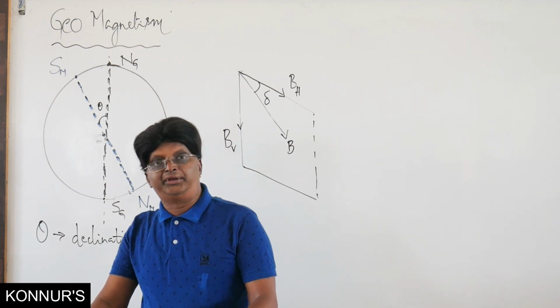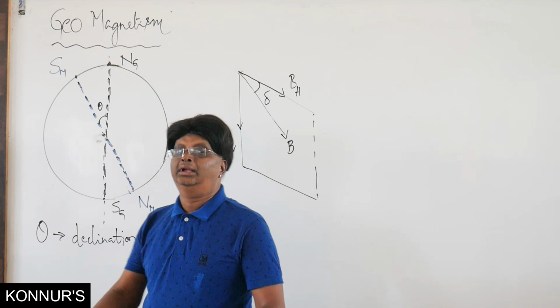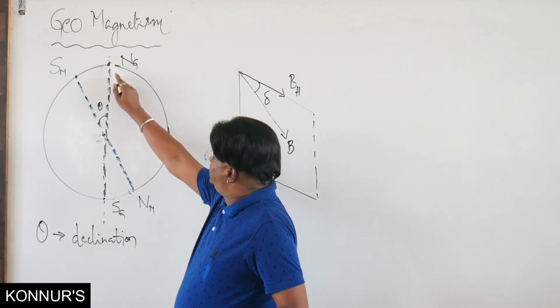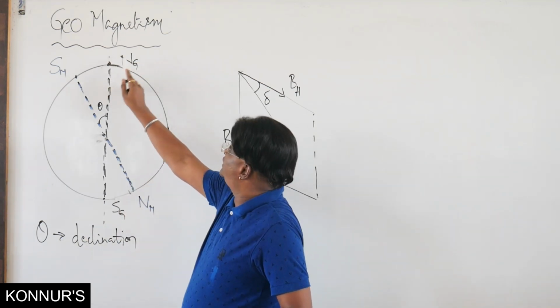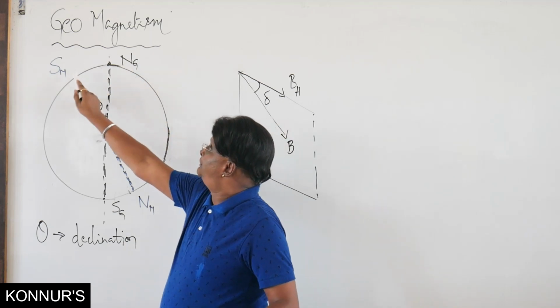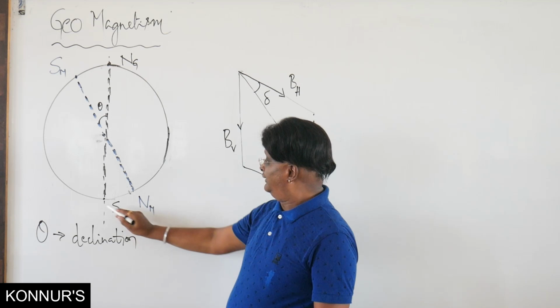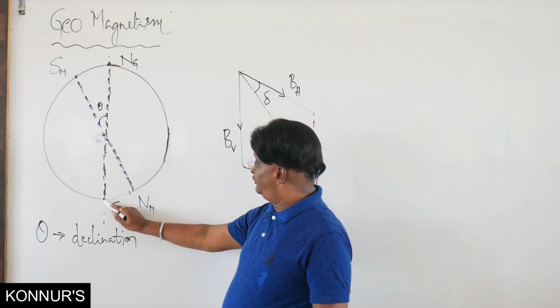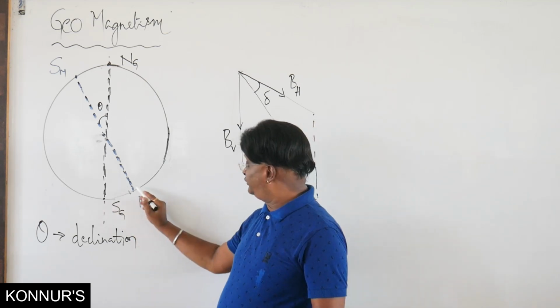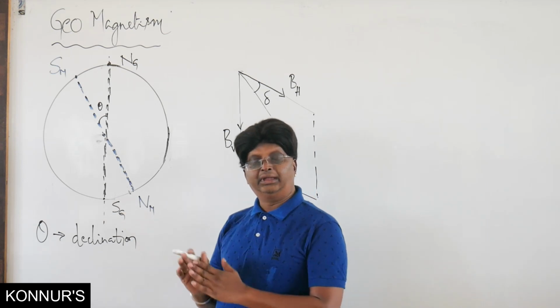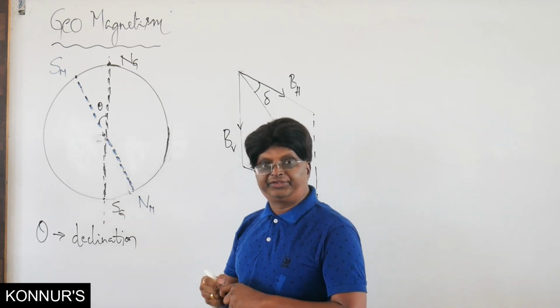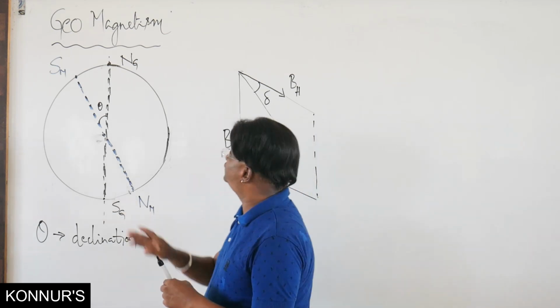It is quite interesting that nearer the geographic north, the magnetic south is present for Earth, and similarly nearer the geographic south, the magnetic north pole of the Earth exists.